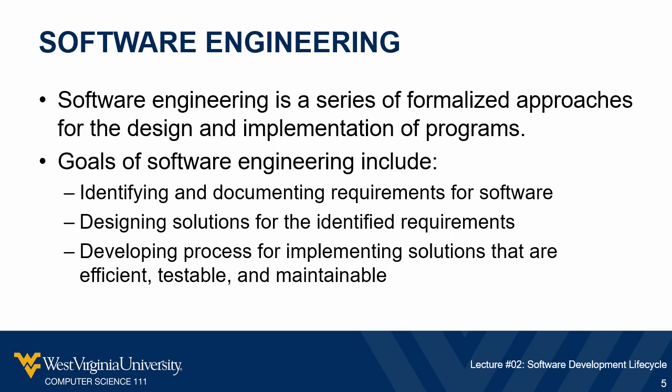We might have a program that perhaps just processes an input file and generates an output file. Maybe it just has one or two requirements. But in a lot of government business applications, you can have huge systems. For example, the state of West Virginia recently implemented a new main computer system.